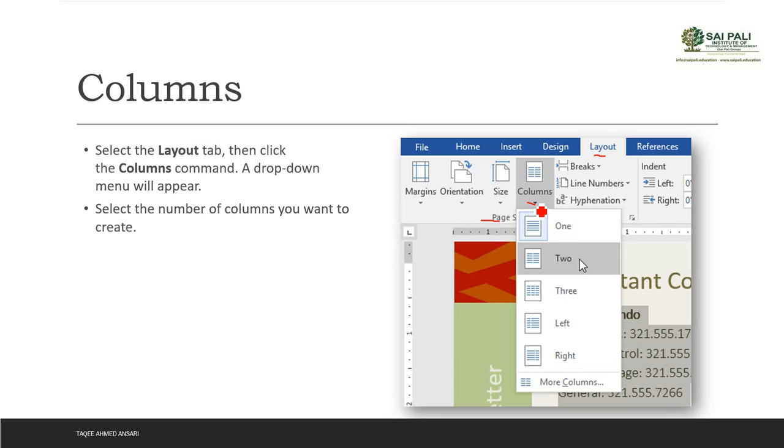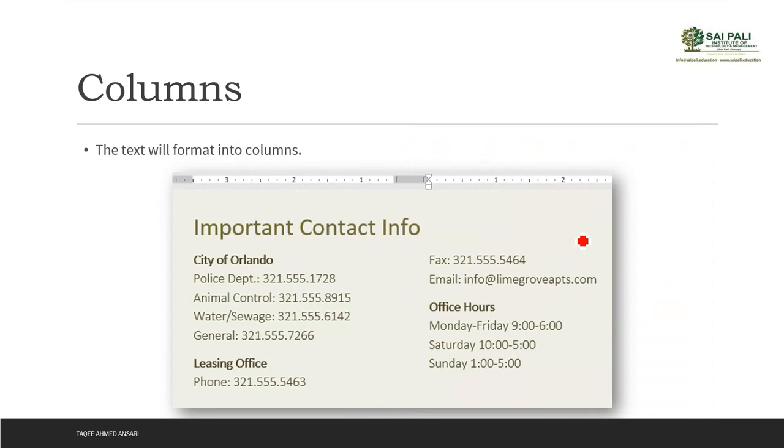When you click on that, it will show you all these different options which you can choose from. You can go for 2 columns, 3 columns, or you can go for left, right also. That means by default it is always in 1 column. You can choose it to be in 2, 3 columns, and actually more than that also.